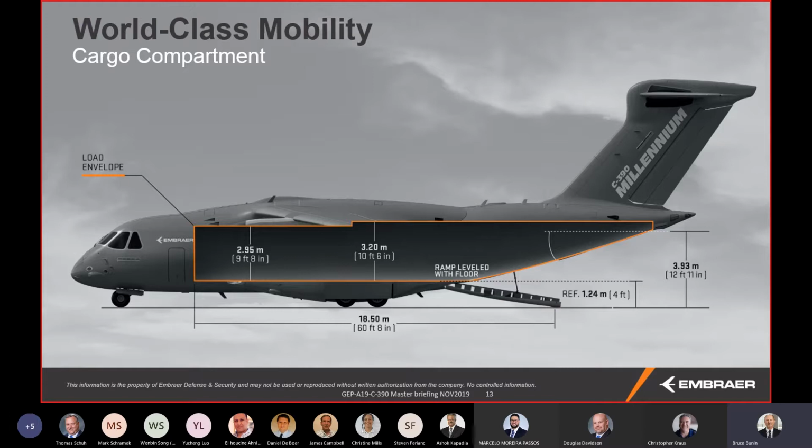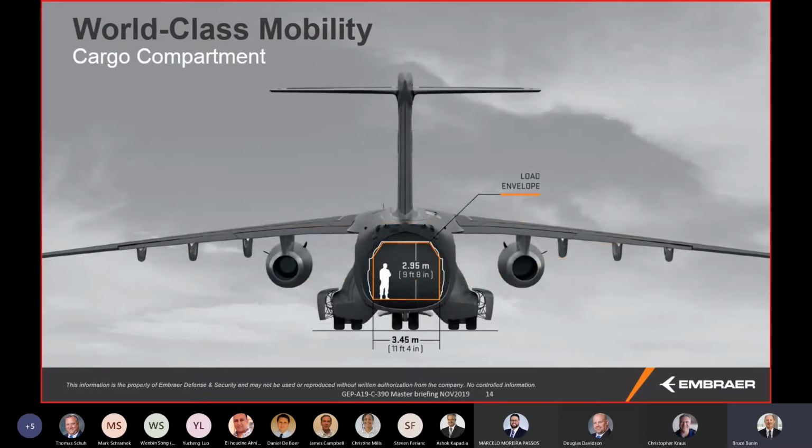The step in the cargo compartment there is simply where the wing box comes through the fuselage. And then here's the cross section. We are about 8 inches taller and about 11 inches wider than a C-130 cross section.